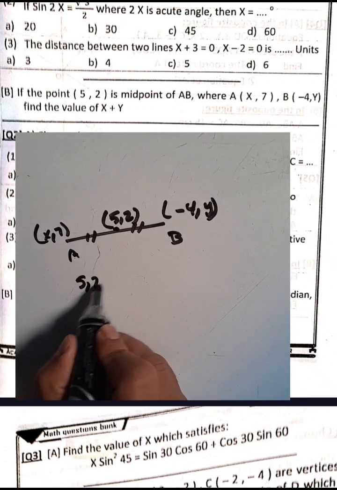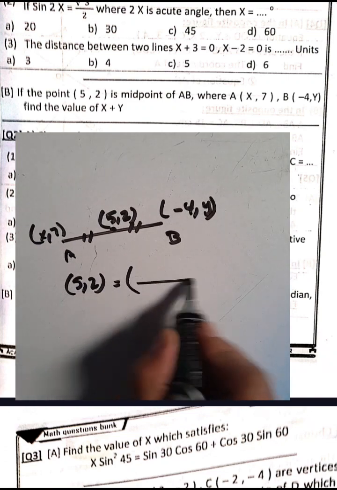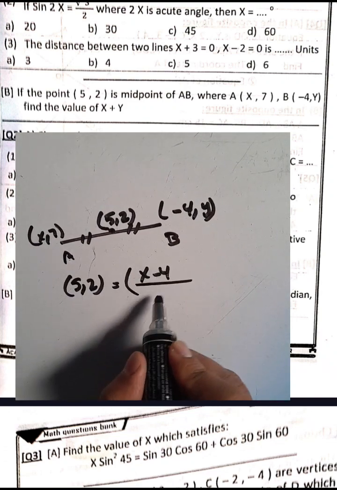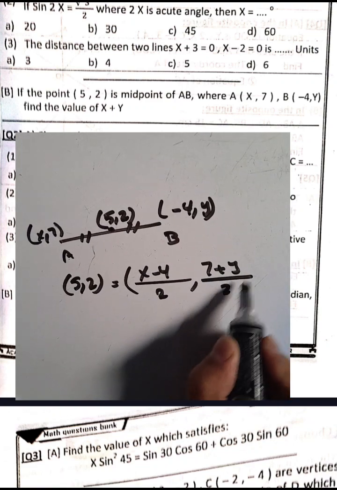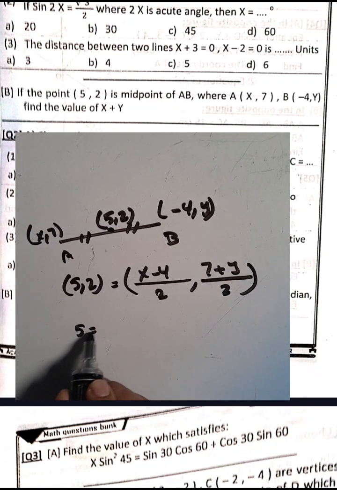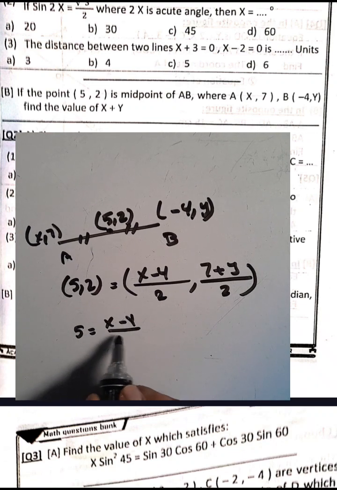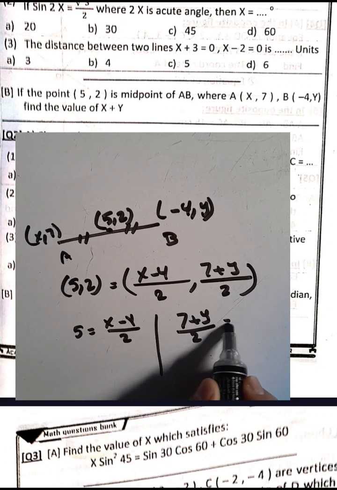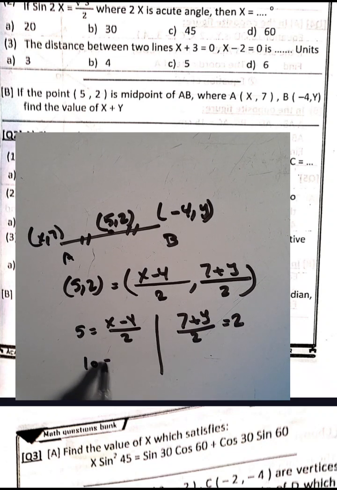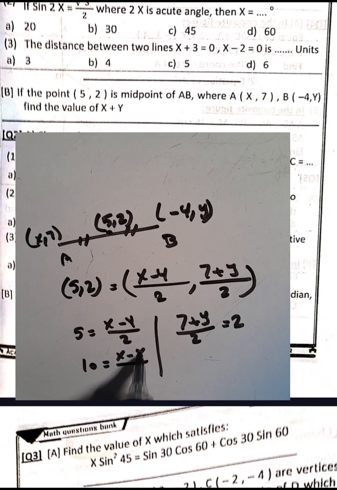First you can write the relation between them: (x - 4) over 2 and (7 + y) over 2. Then 5 will be equal to (x - 4) over 2, and (7 + y) over 2 will be 2.